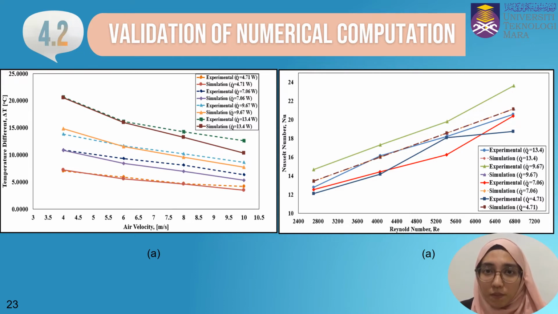Based on the compared result, the numerical computation and experimental from the previous study show that the values are close to each other. And then as we can see, the slide before shows the percentage error is less than 10%, which means this validation is acceptable.